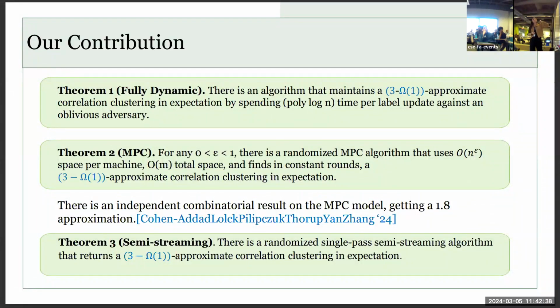We can get a better than 3 approximation in fully dynamic MPC, and also semi-streaming. There is also a very interesting result. This is also combinatorial on the MPC model, but gets a much better approximation, 1-point approximation for the MPC model by Vincent.